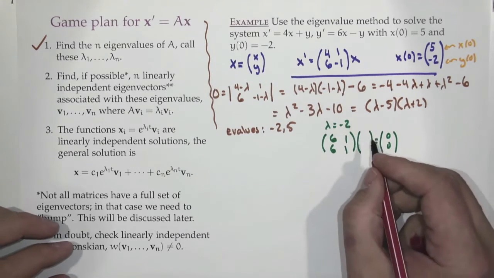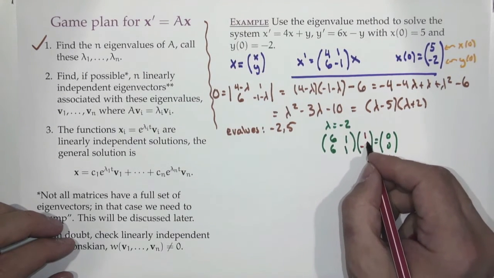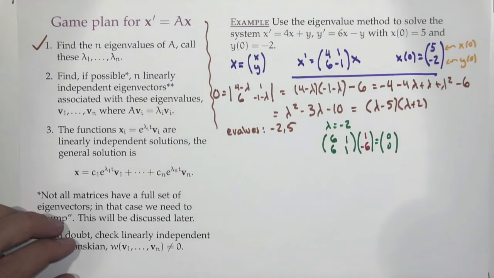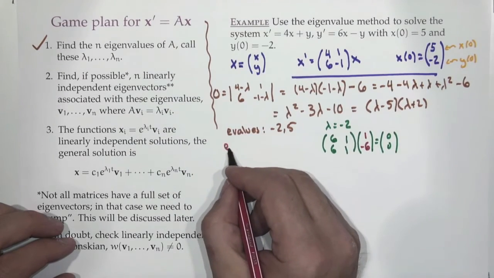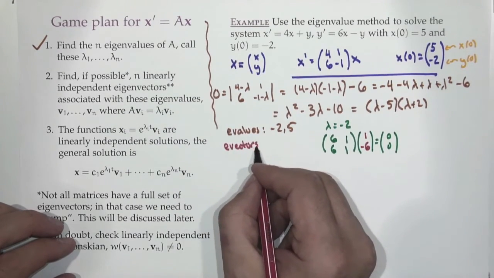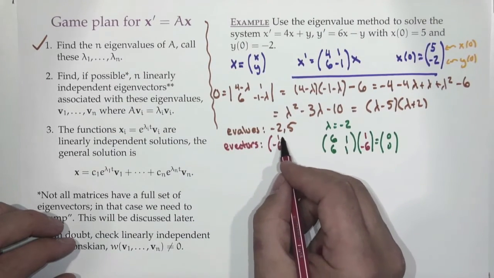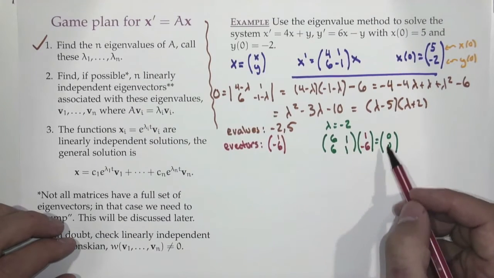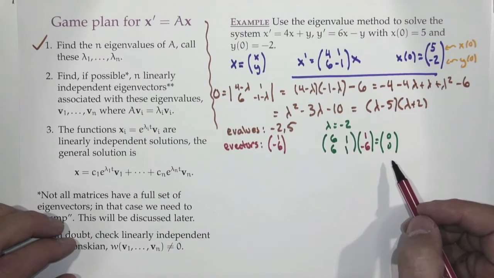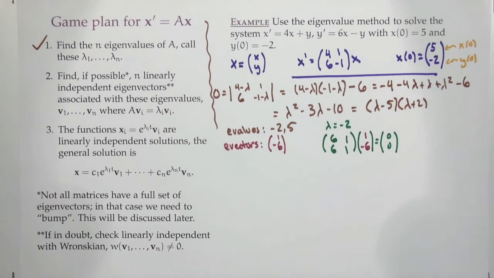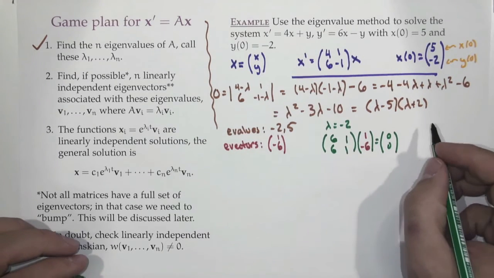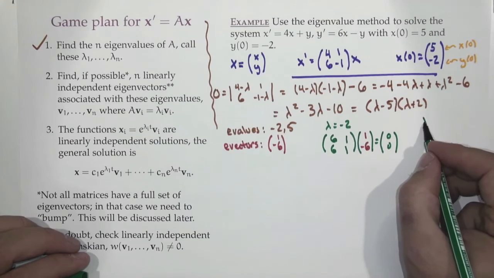Yeah, there's a bunch of them that do it. You just need one of them. 1, negative 6 will work. So our eigenvector, for negative 2, it's 1, negative 6. Yes? Can you see that process? The logic? Don't worry, you'll get a chance to do one in a few minutes. I know you're like, Steve, I want to do one.